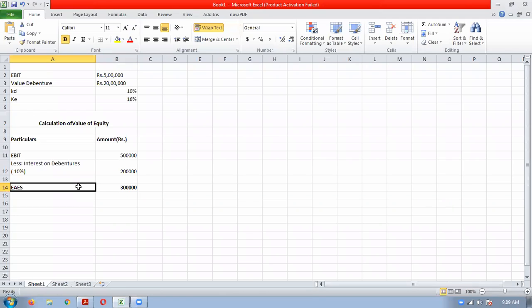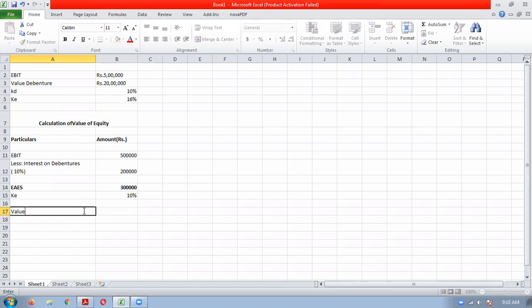If preference share capital is given, then we will have to reduce the dividend on preference share also. Then we will get the earnings available to equity shareholders. If we capitalize it with KE, we will get the amount of equity.